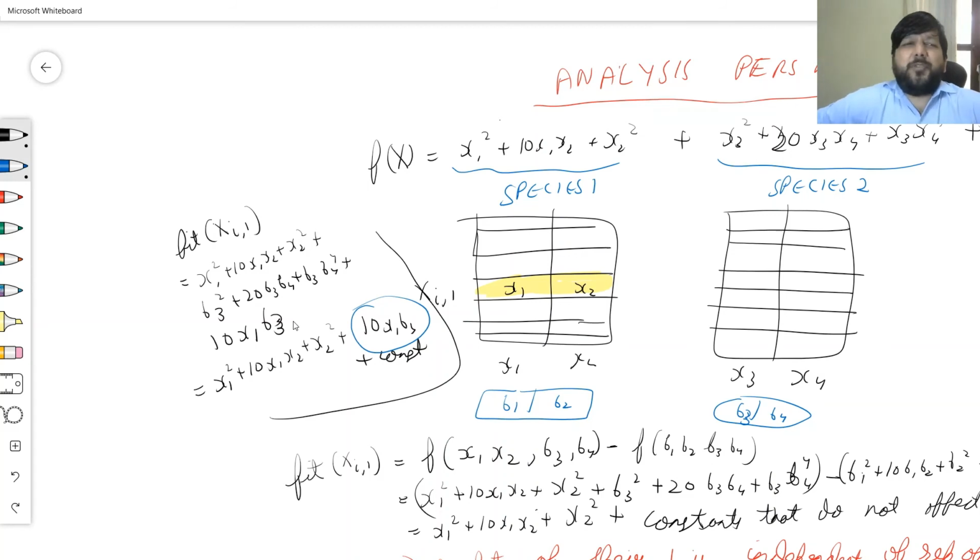Where cooperative coevolution does not come into play is when my entire problem is highly interlinked. There are no independent components. And if there are no independent components, then what will I do?